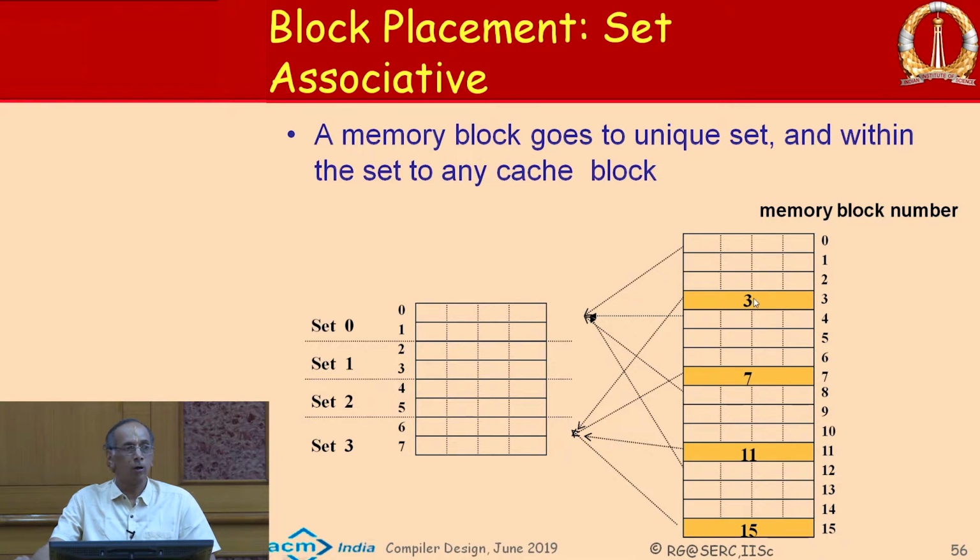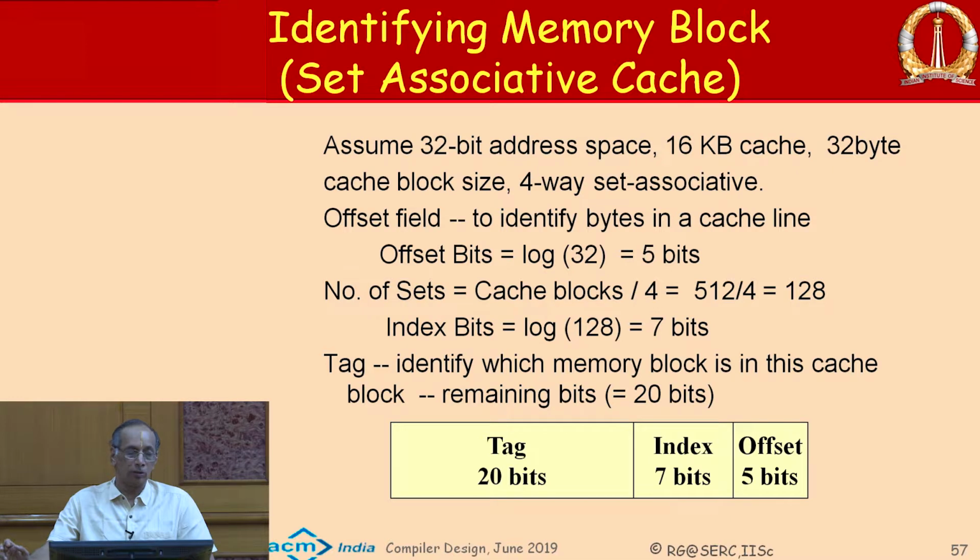Similarly, block 3, block 7, block 11 etc. are mapped to set 3. So, in the set associative cache it is possible to have, for example, block 3 and block 11 together in set 3, whereas in the case of a direct mapped cache, blocks 3 and 11 cannot be together in the cache. All right.